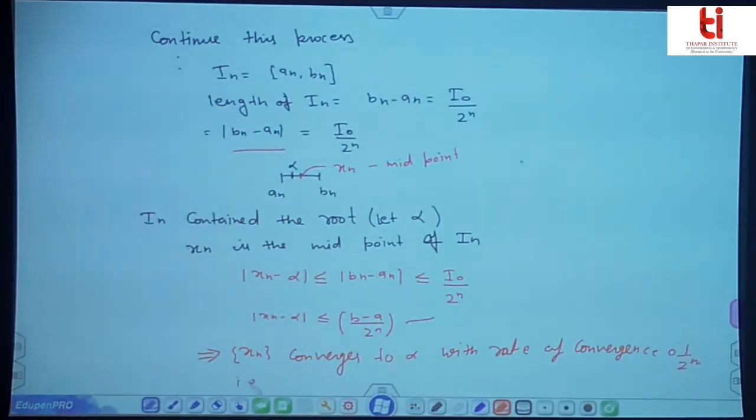That is xn equals alpha plus order of 1 by 2 to the n, because from the starting, what we have done, we have divided the whole interval AB into half parts, that we got A1 B1, and then we bisect A1 B1 again into 2 subintervals, we got A2 B2, and continuing this process we are getting An and Bn.